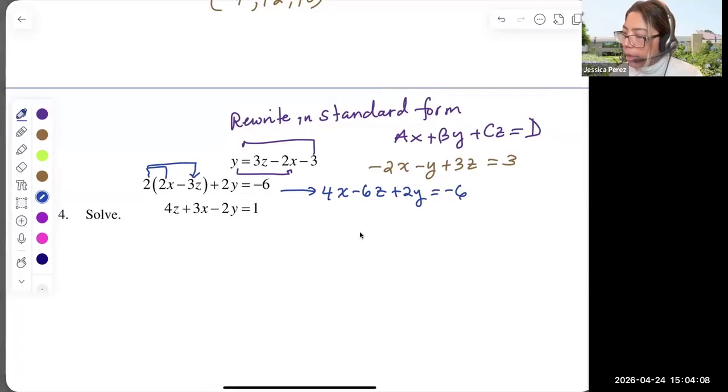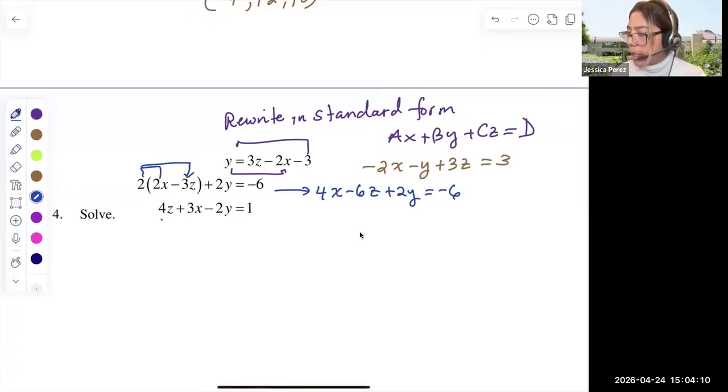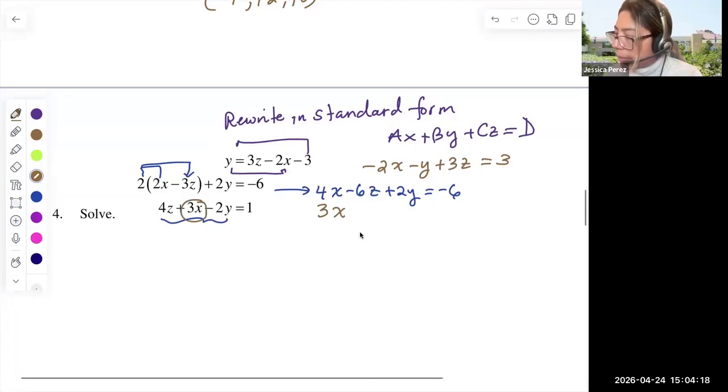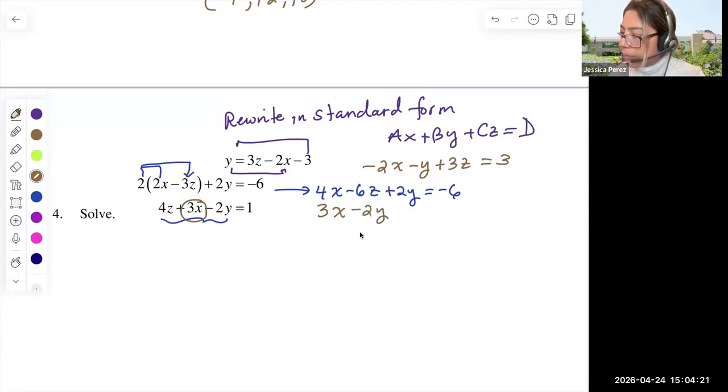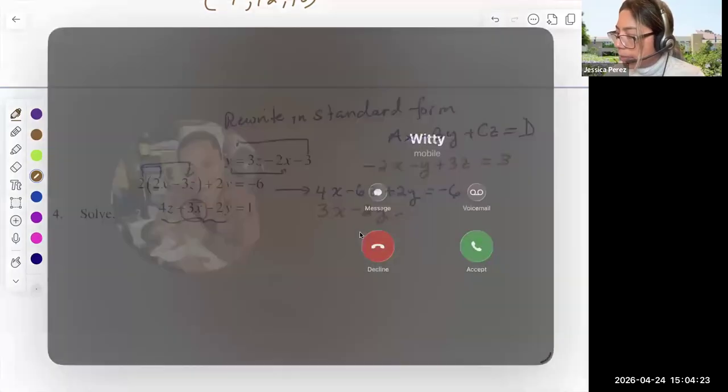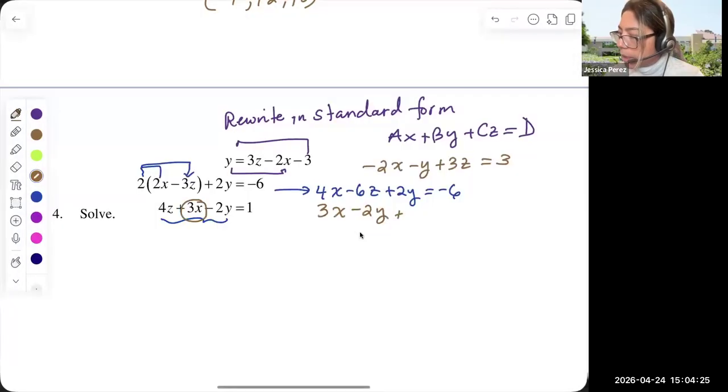And then here everything is almost right except the order. So it looks like this is 3x minus 2y plus 4z will give me 1.